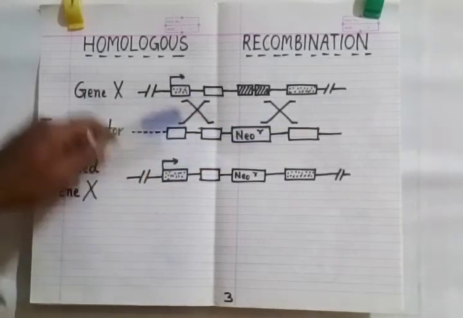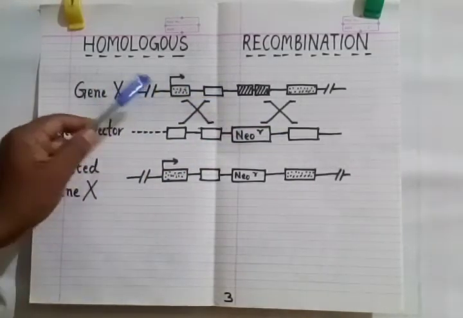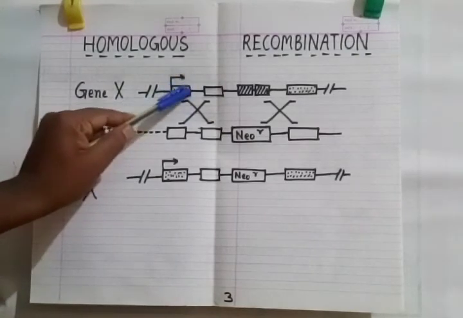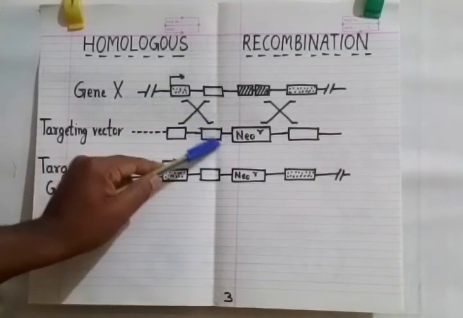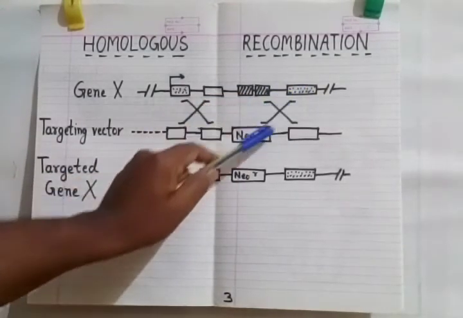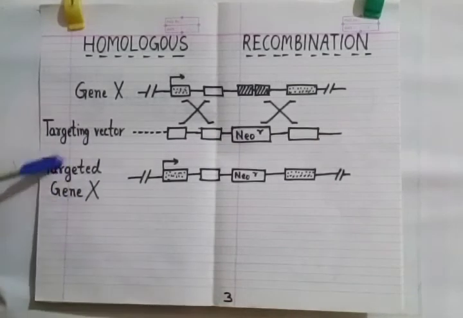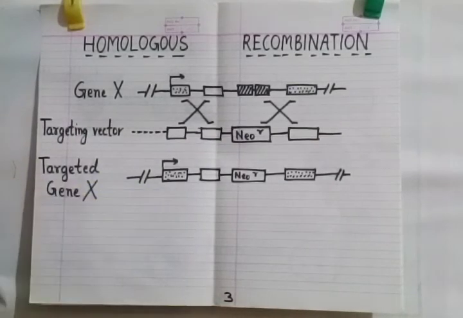In this process, this portion will get joined with this portion here, and this portion will get joined with this one. So the resulting targeted gene X will look like this.